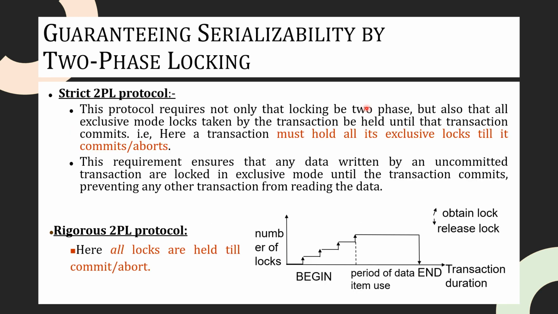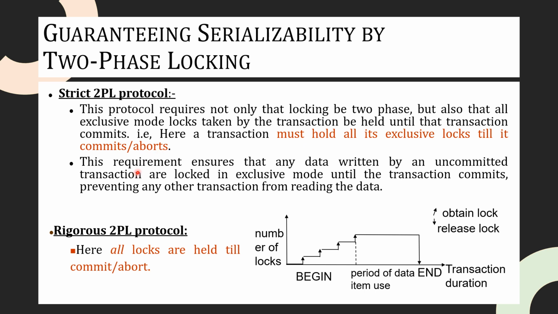Two types of two-phase locking protocols are the strict two-phase protocol and the rigorous two-phase protocol. The strict two-phase protocol requires not only that the locking be in two phases, but also that all the exclusive mode locks taken by the transaction be held until the transaction commits or aborts.